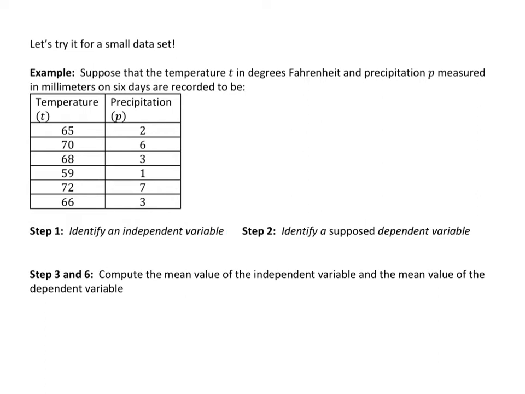At the same time, someone else might say, no, I really want to think about this as saying that the temperature depends on the amount of precipitation. In that case, you would say that temperature is your dependent variable and precipitation is your independent variable. For the purposes of this example, I'm going to say that temperature is the independent variable and that precipitation is the dependent variable, just so that we're all on the same page.